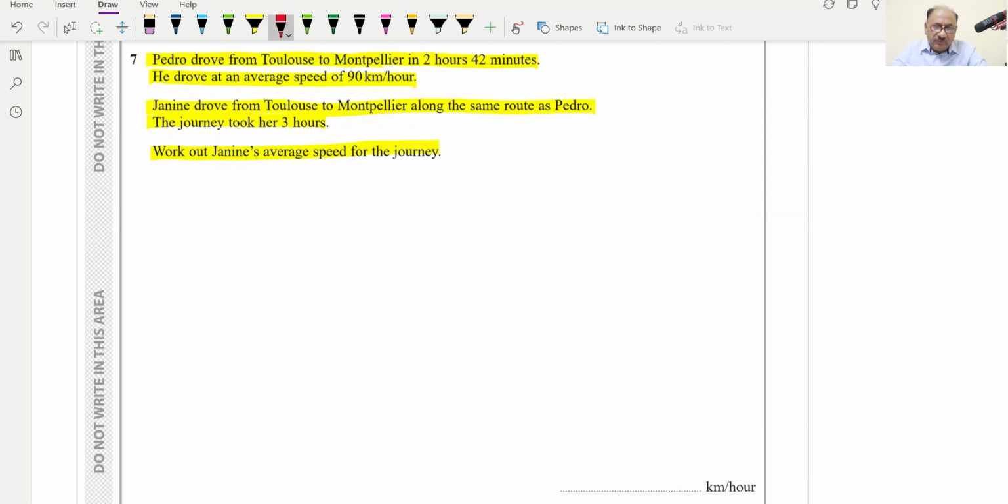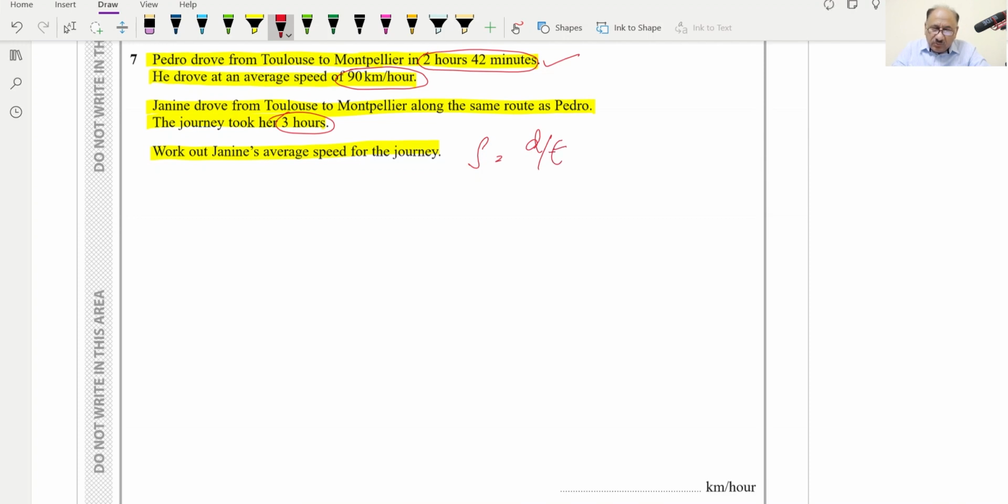So the main point which we have to keep in mind is that this is 2 hours 42 minutes, which we need in hours, because the speed is 90 kilometers per hour, which is also in terms of hours. So we have to change this number into hours, and we know that speed is equal to distance over time.